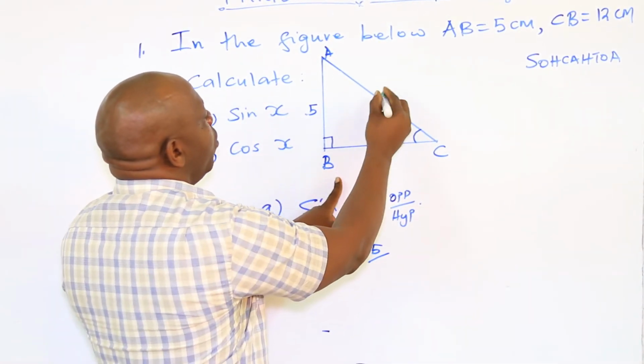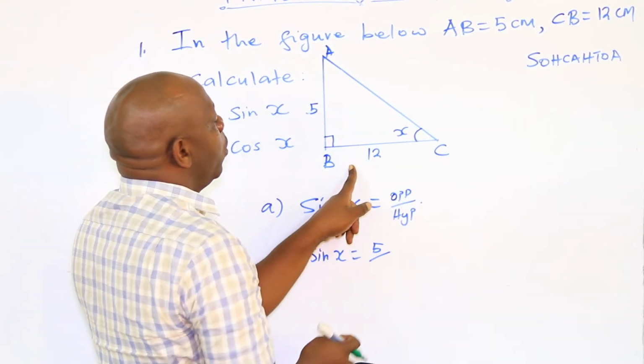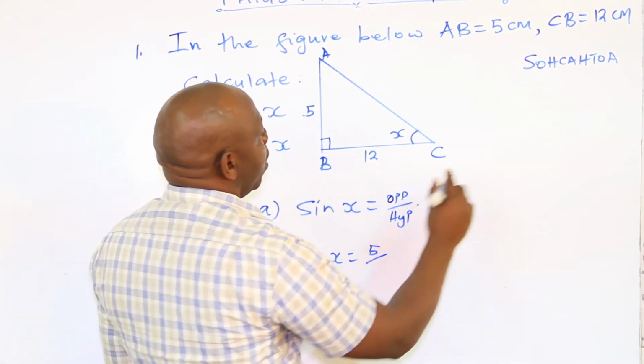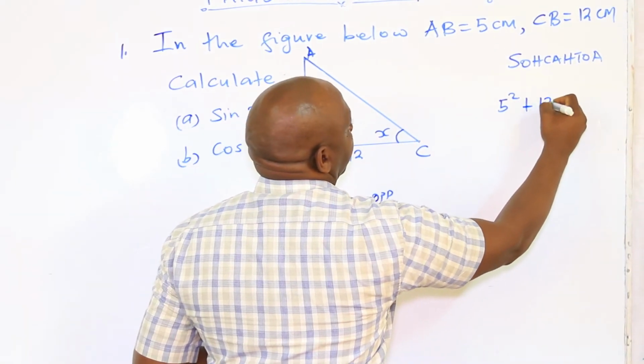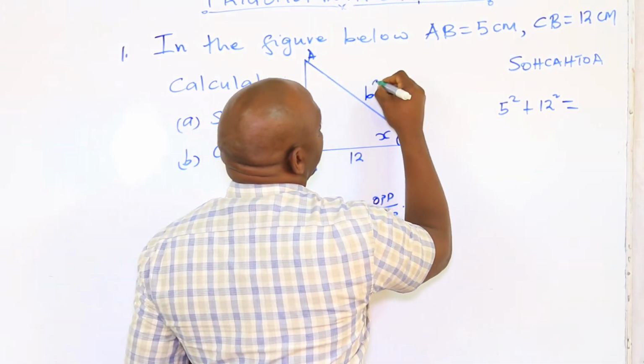And our hypotenuse is not given, but this being a right angle triangle, we can use Pythagoras theorem to get this side here. So we say 5 squared plus 12 squared will give us b squared here.